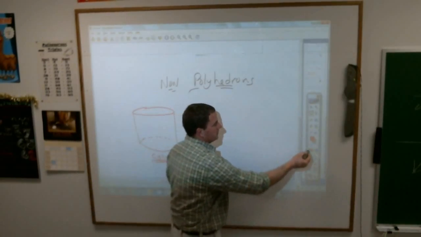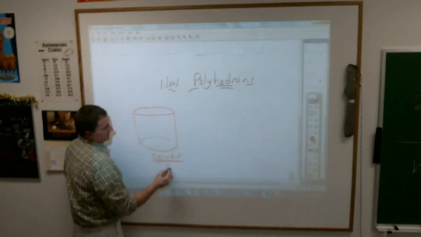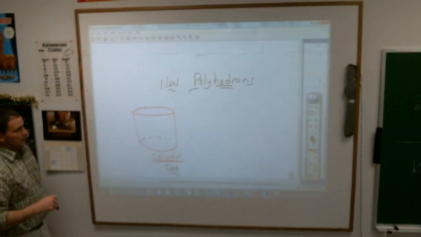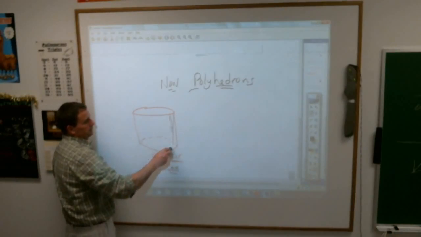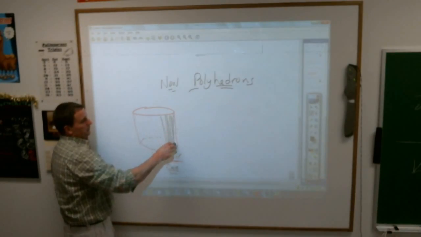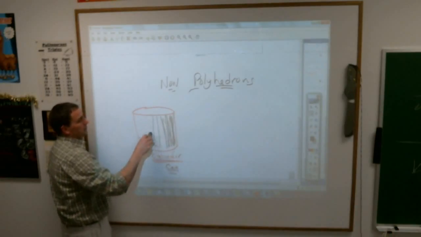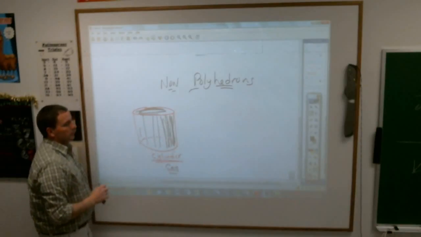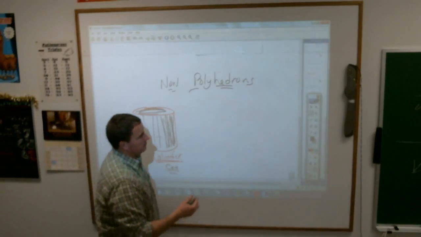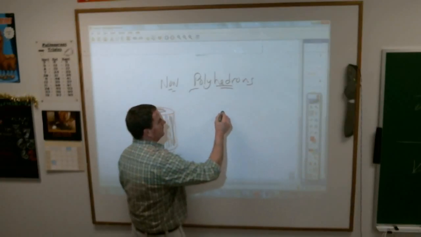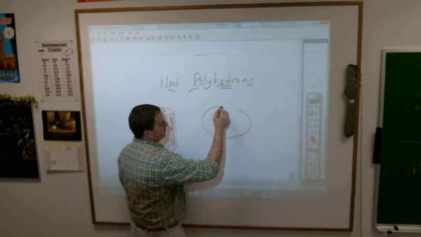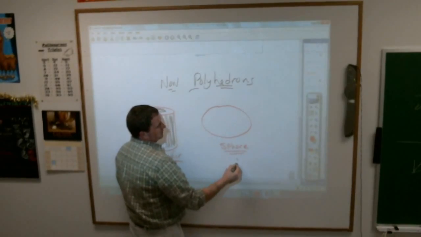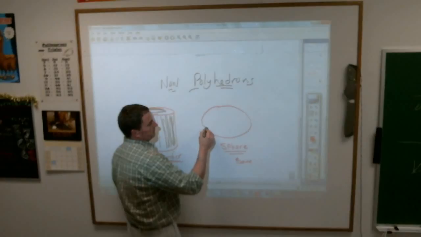Usually we call that a can shape. That's a cylinder. If you like, you can shade that too. Another curved shape we have, Caleb? Sphere. Exactly. Which is our ball-shaped thing.